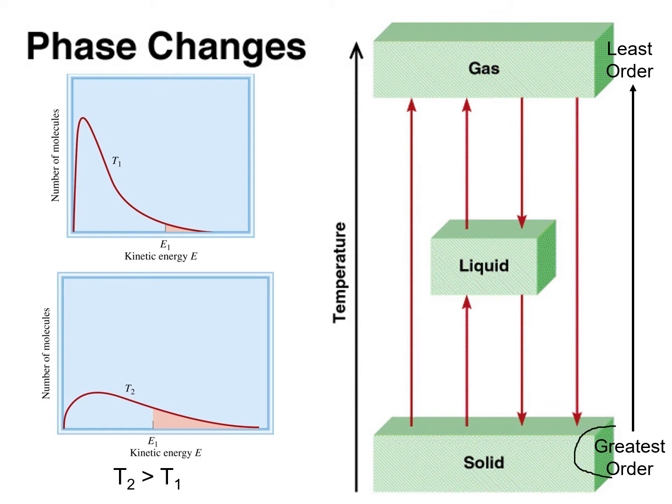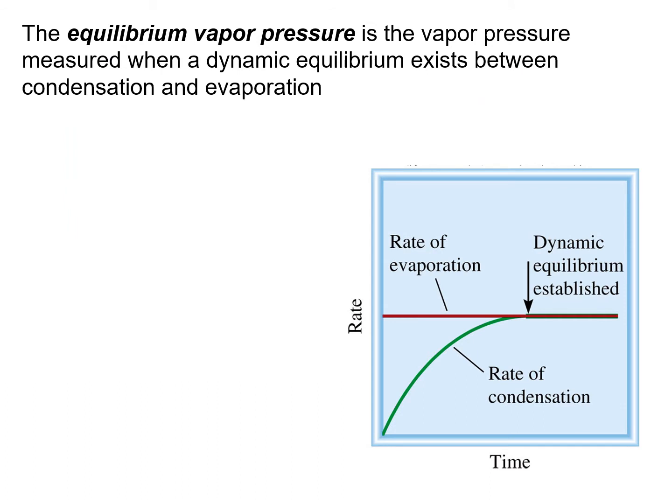Also, in nature, if you take 1062, this will be discussed in more detail, there's a tendency to go spontaneously from greatest order to least order.